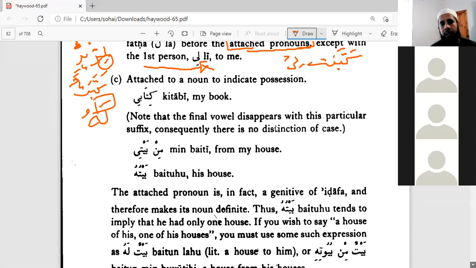Okay, so the attached pronouns can also be attached to nouns, and in this case, when they attach, they are always mudaf ilayhi. For example, kitabi means my book.